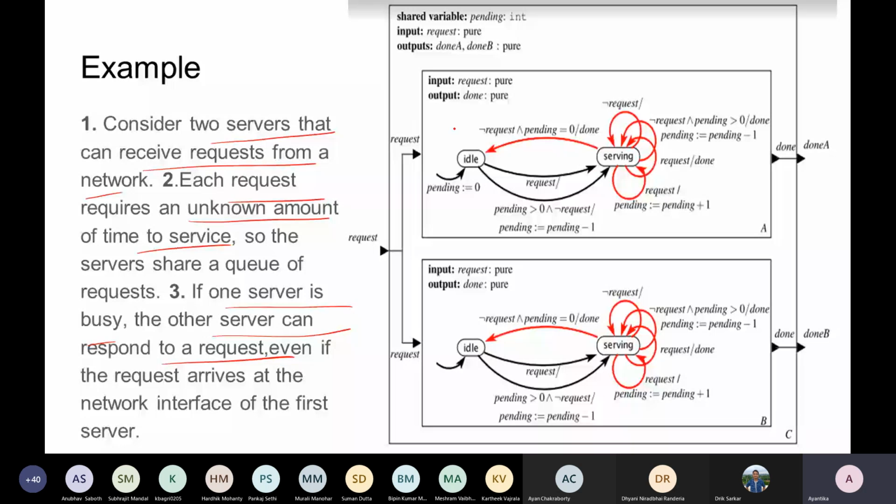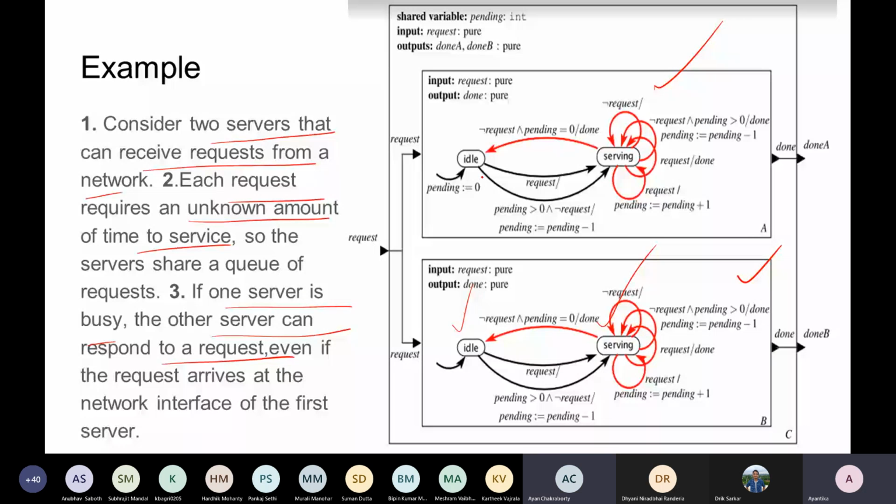This is server A and this is server B. According to your specification, we have modeled these two states, idle and serving, and you are checking, based on your transition condition, what may be the possible transitions.